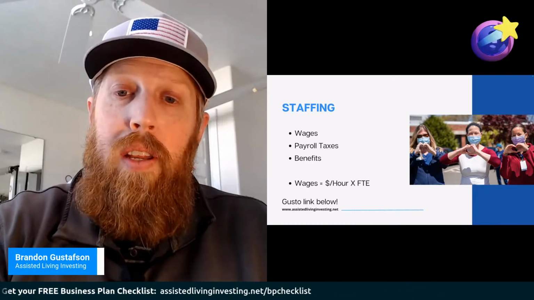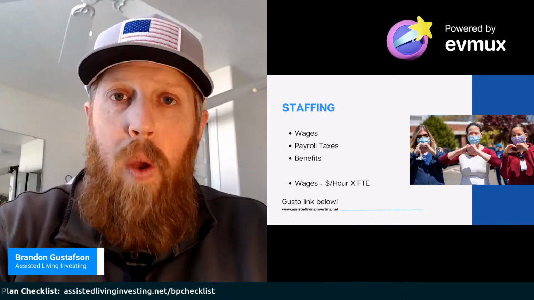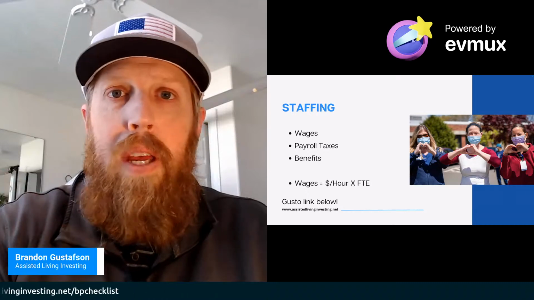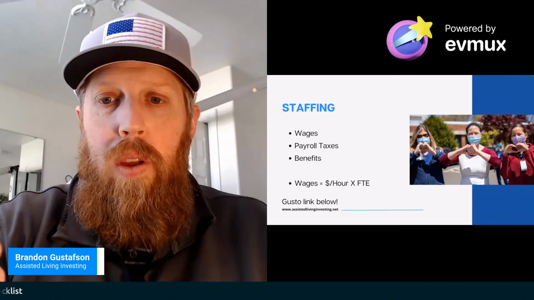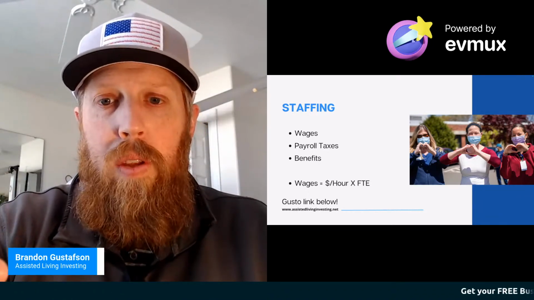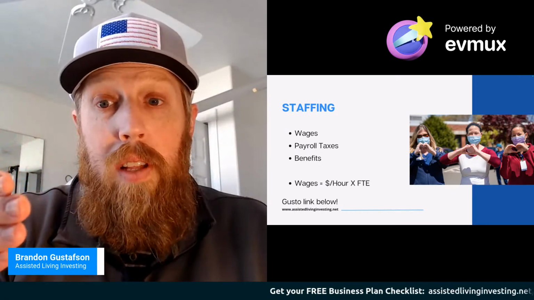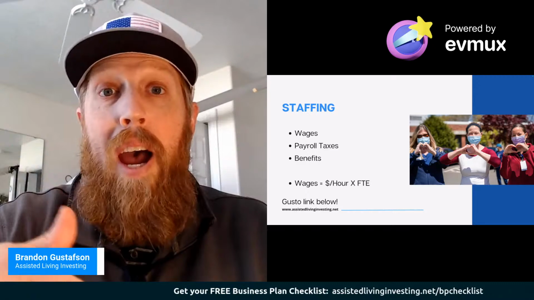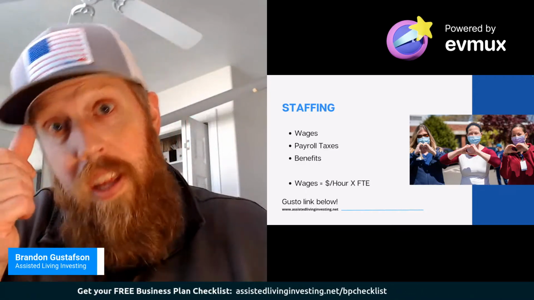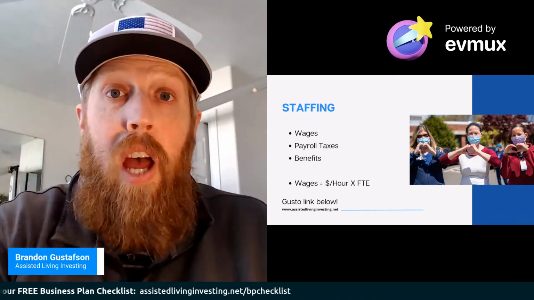But as you get into it, what you need to understand is that your wages are such a big number. To figure out what those wages are, you take the dollar amount per hour that they're making and multiply that by the FTE that you're going to have. FTE means full-time equivalent.